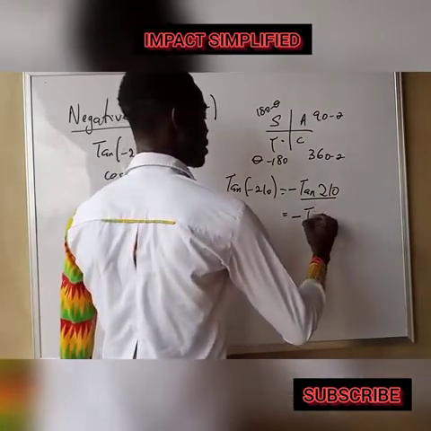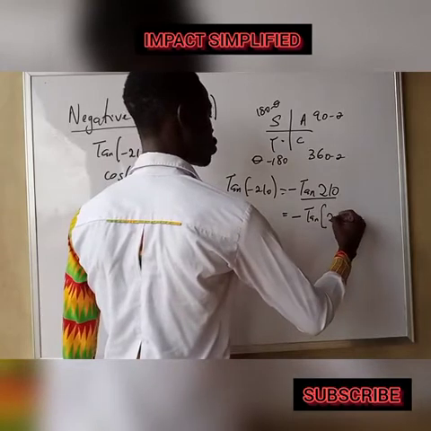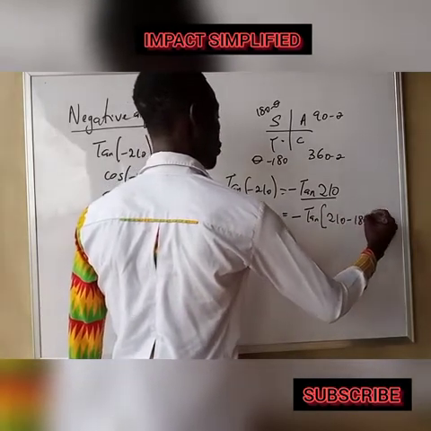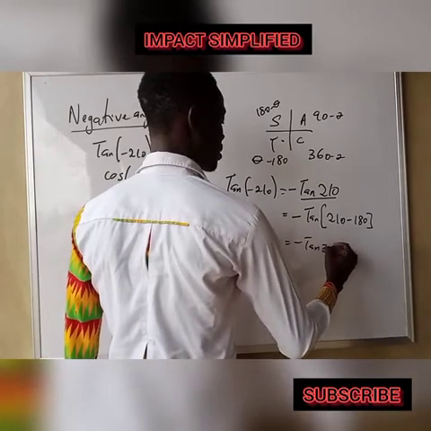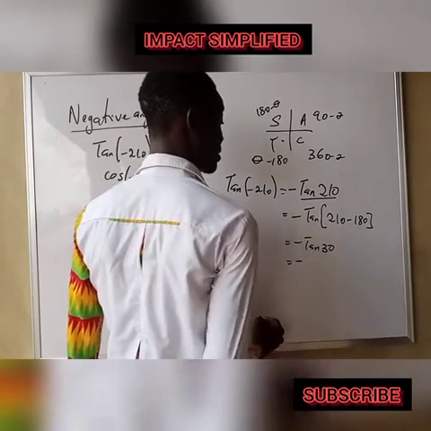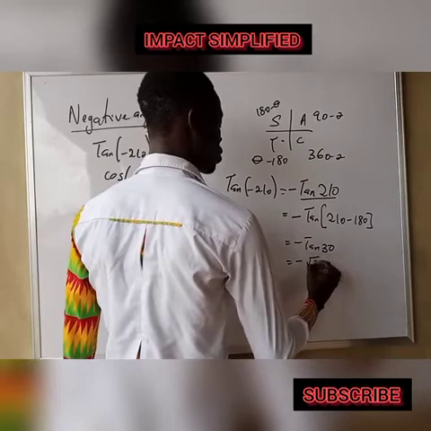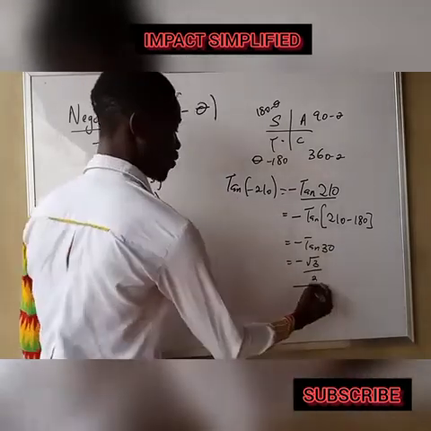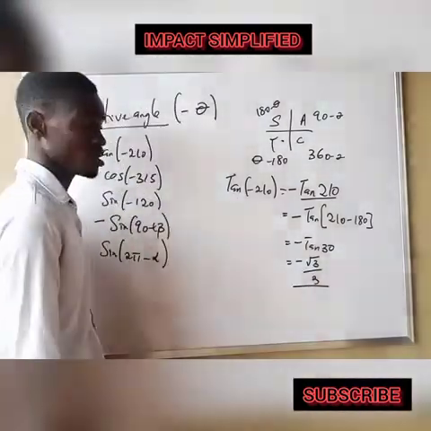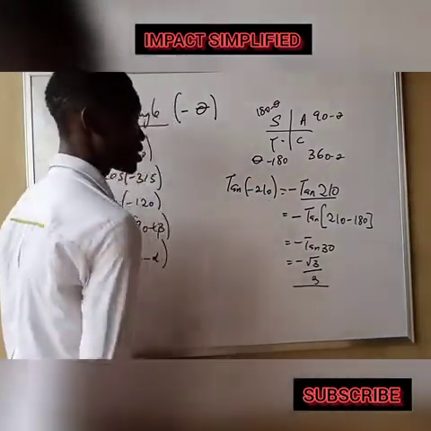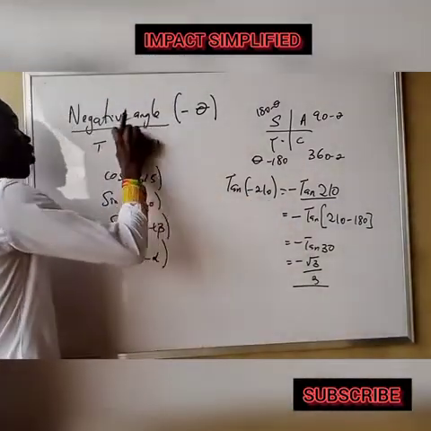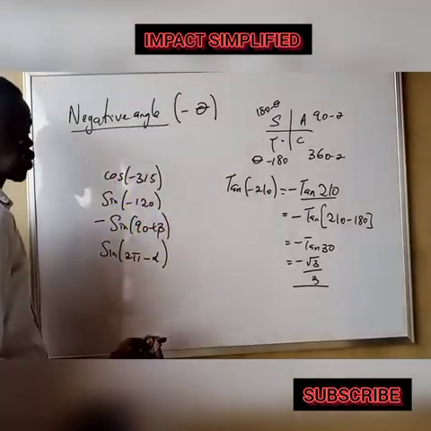What is tan 210? That will give us tan of 210 minus 180, which is minus tan 30. And what is tan 30? Root 3 over 3. Do we get that? It's simple. If you use your calculator to press this and this, you will still get the same answer. Do we get it?